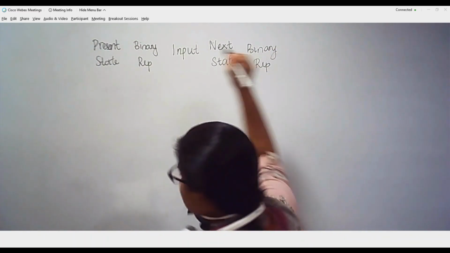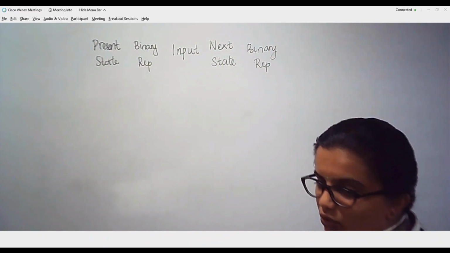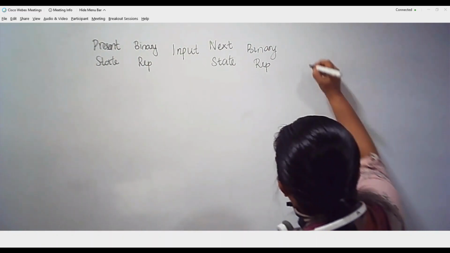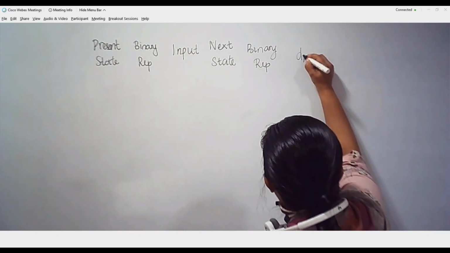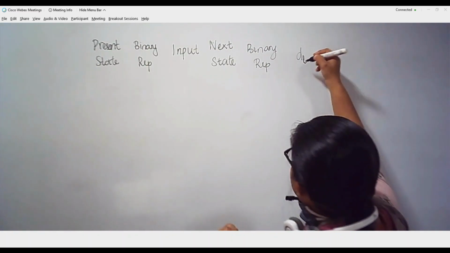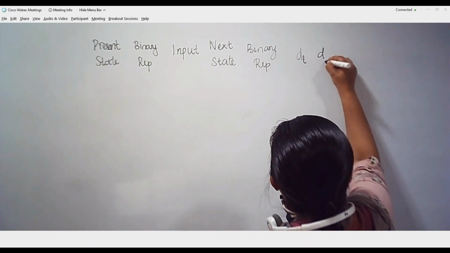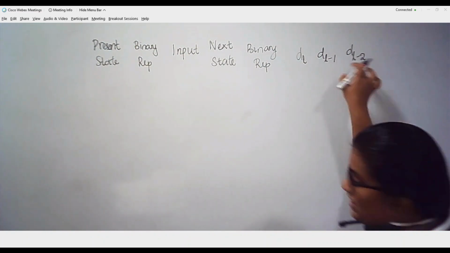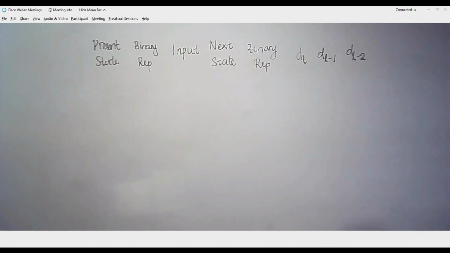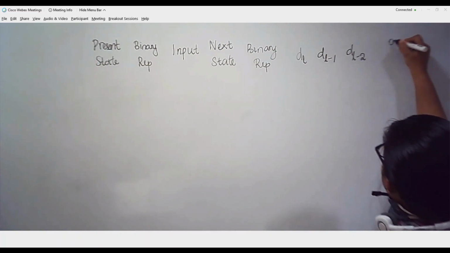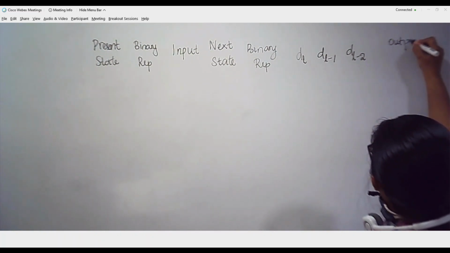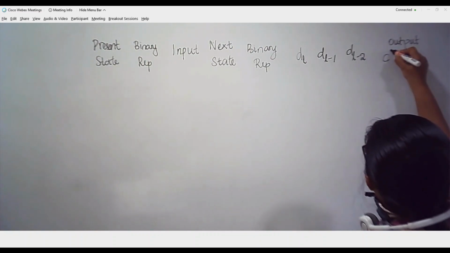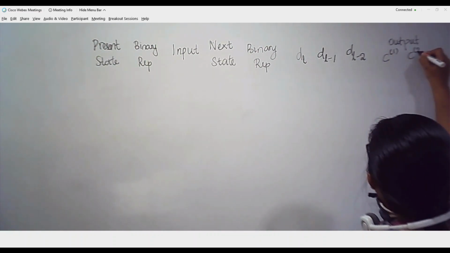Next, I am going to mention what will be the data bits at time instance L, L minus 1 and L minus 2, because these three contribute to the output, and I am also going to write the corresponding output bits C1 and C2.